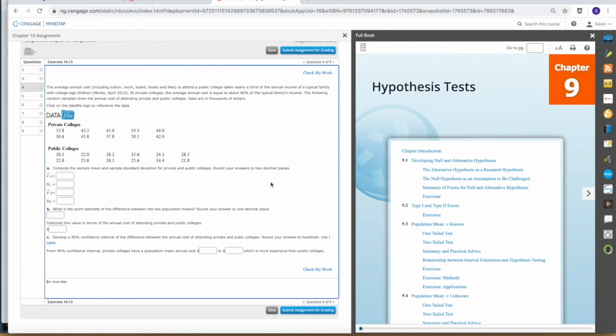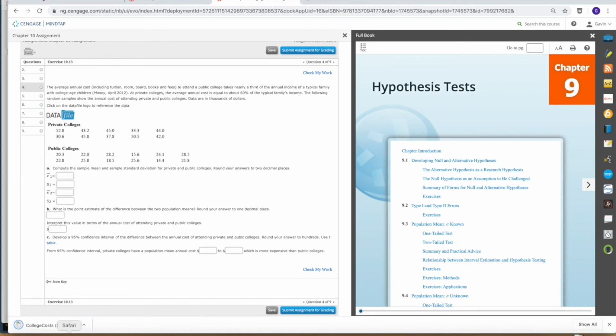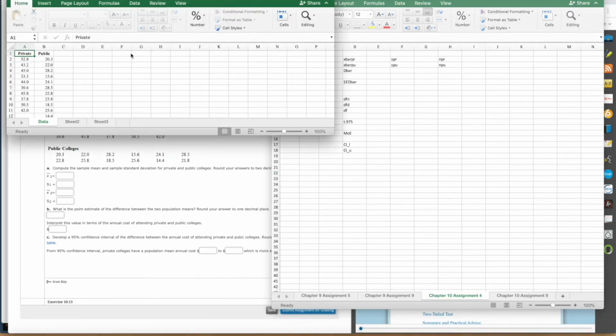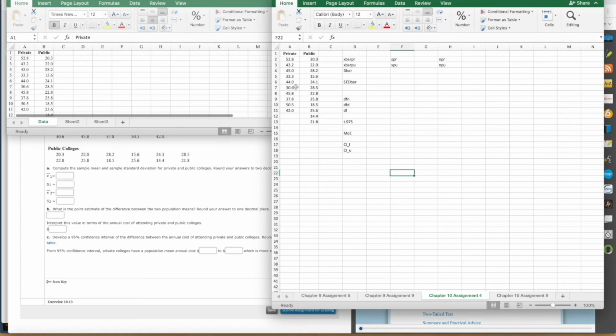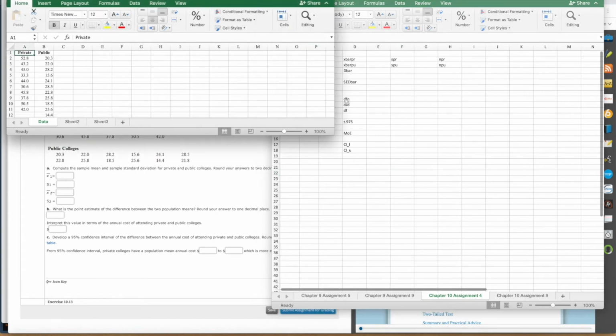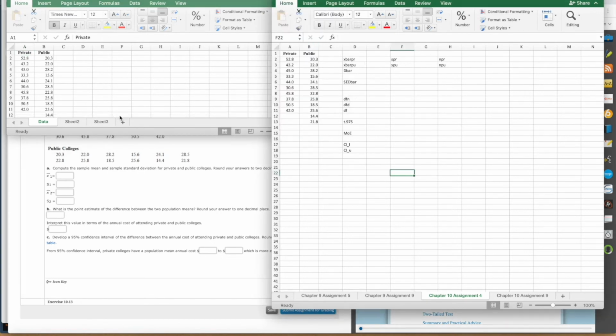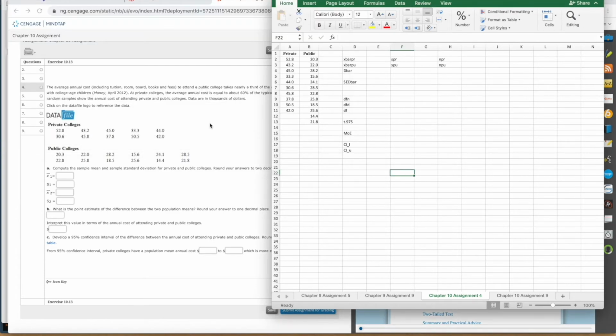The following random samples show the annual cost of attending private and public colleges. Data are in thousands of dollars. If you click on this data file, it'll actually give you the data right here. I just copied and pasted it, so that's the data you'll get. And then I started filling out the stuff I'll need to answer this question.